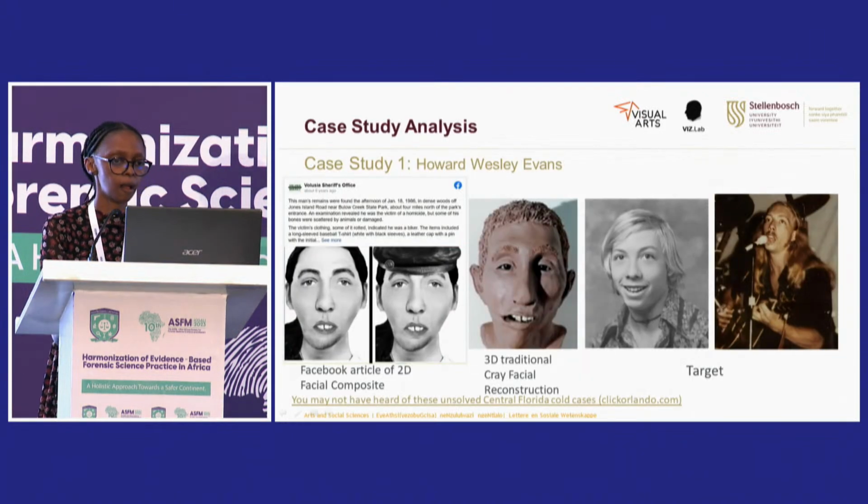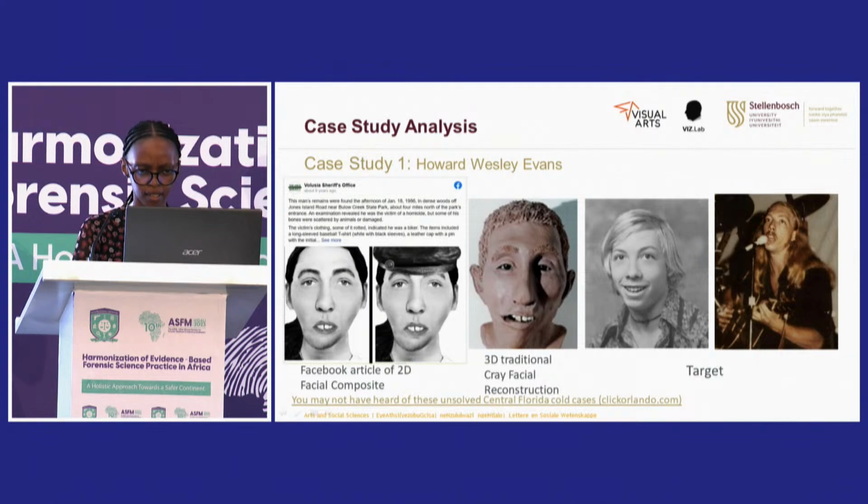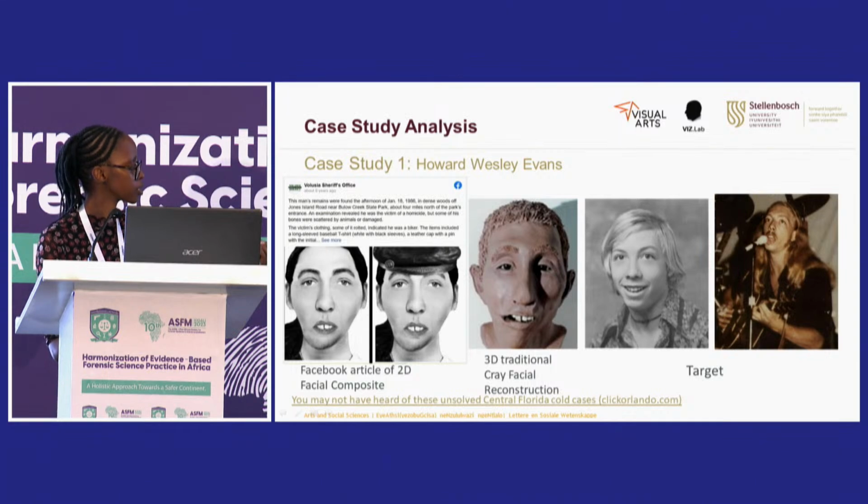In the case of Evans, whose remains were found in 1986, a Facebook post was shared on the Vallejo Sheriff's Office page with over 2 million views, consisting of 2D facial composites, which you can see over there, which were commissioned to the State University of Florida.